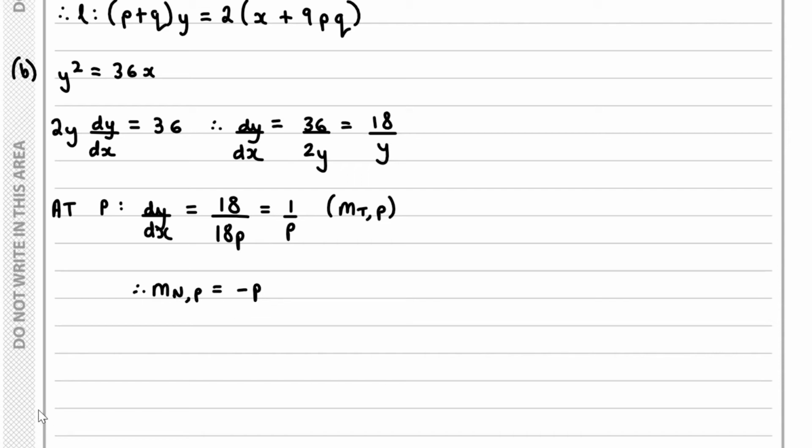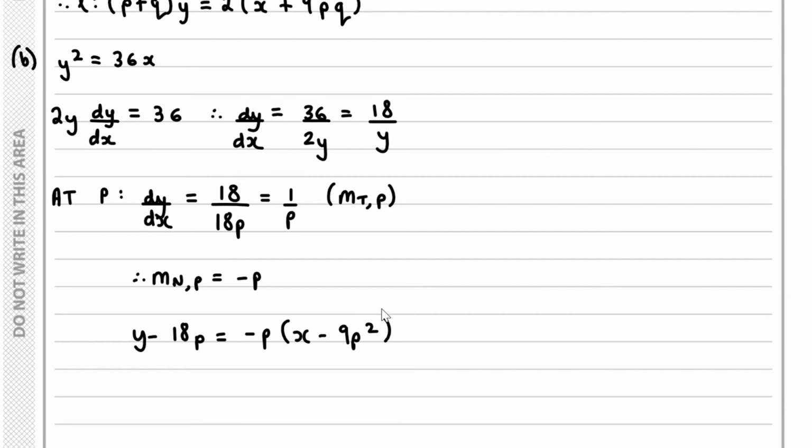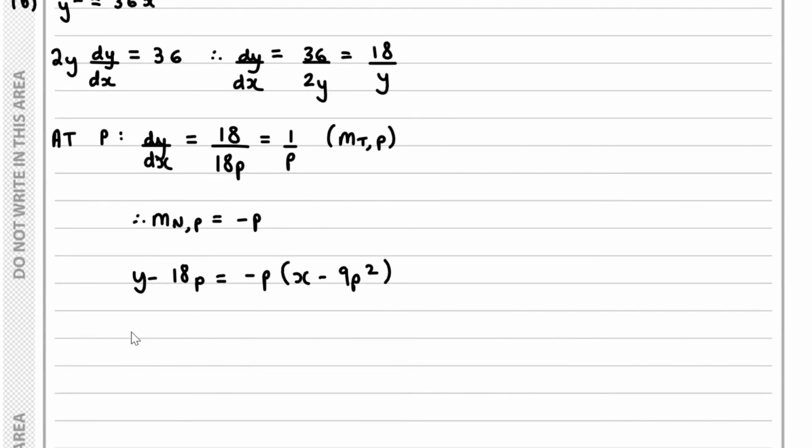And therefore, for the equation of the normal, we would have y minus 18p equals minus p lots of x minus 9p squared. And if we expand the bracket, we have y minus 18p equals minus px plus 9p squared.